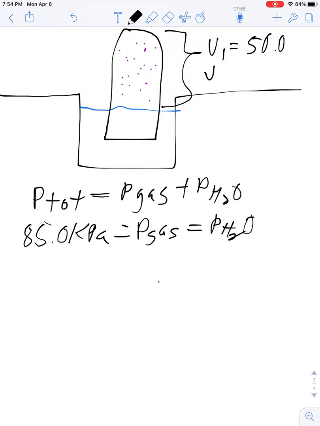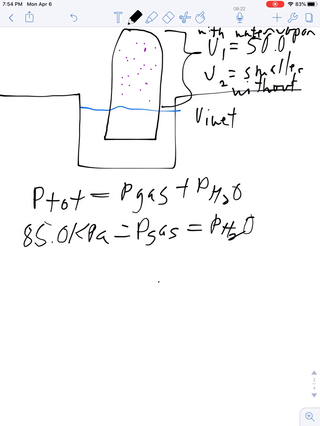And so my volume would be smaller without the water vapor. So V1 is with the water vapor. V2 is without. Another way we can say this is V1 is wet because it's got the water vapor, and V2 is dry. So V1 is 50 milliliters. V2 is what we are trying to find.